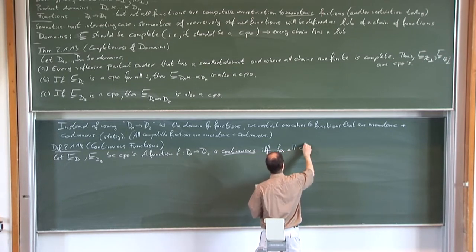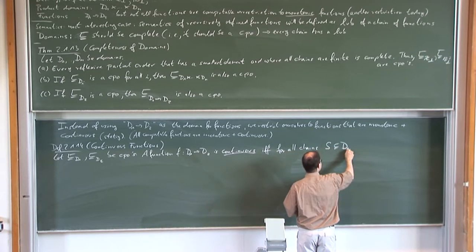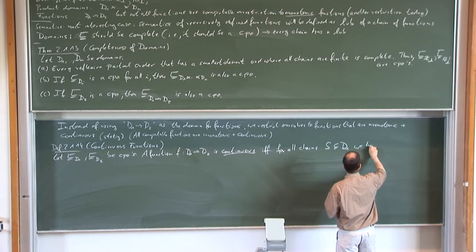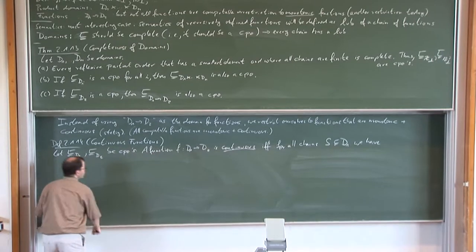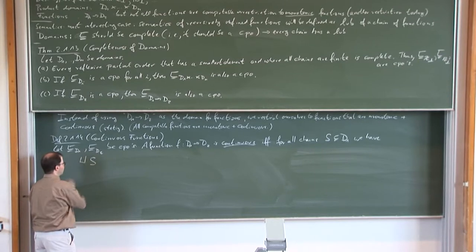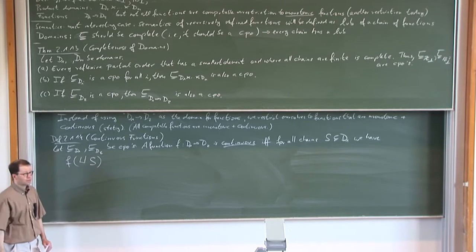So for all chains S of D1, we must have the following thing. If you first take S, compute the least upper bound, and then apply f to this least upper bound.